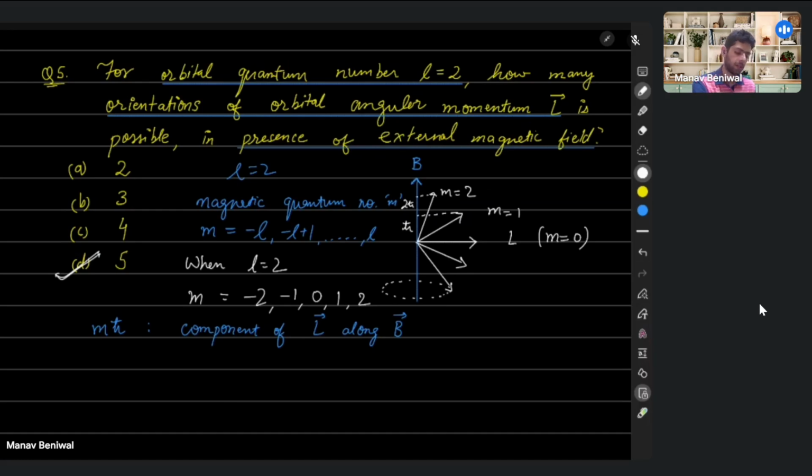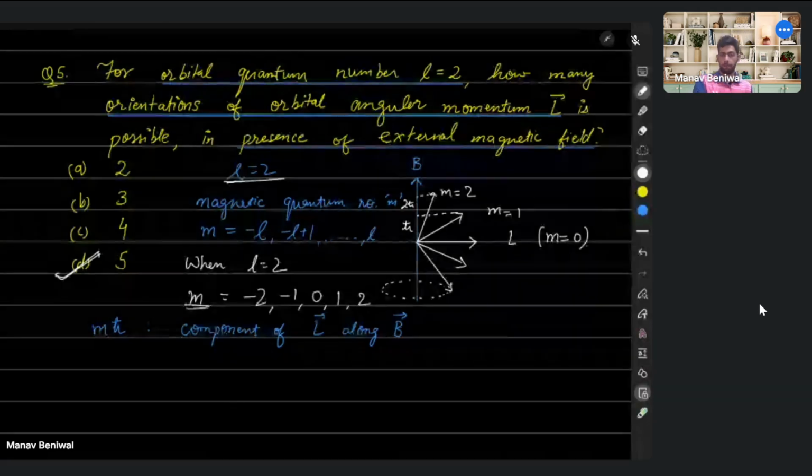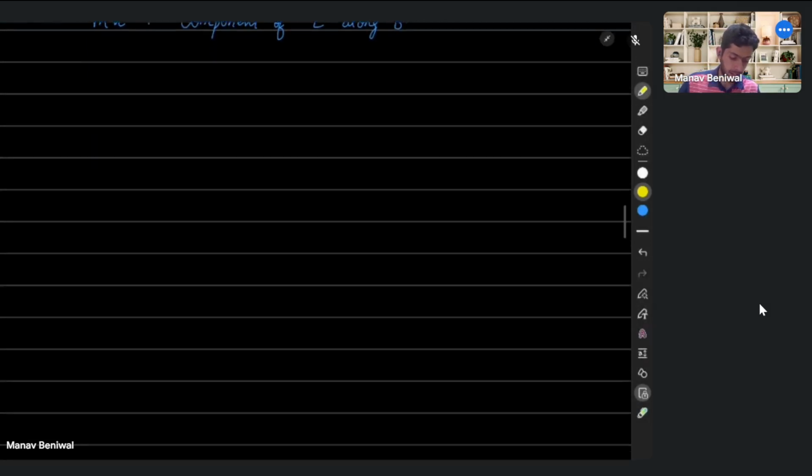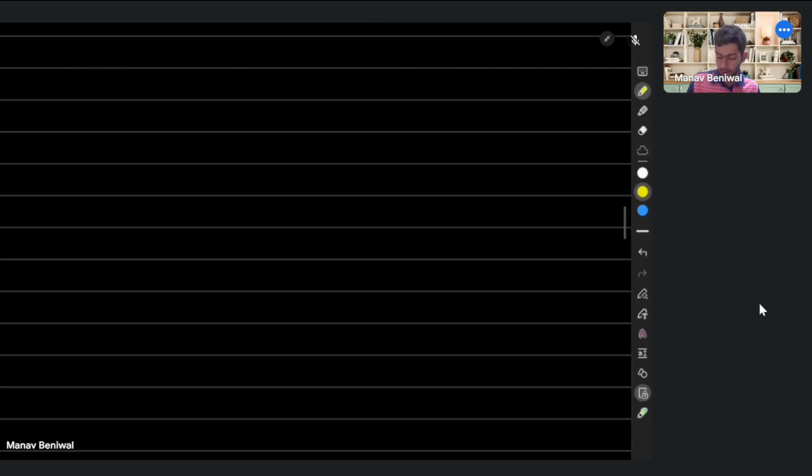It will always have some orientation with respect to magnetic field, and these orientations depend on the value of L and the value of m. Okay, I hope that makes some sense. So if it does, I think we are ready to move to the next problem.